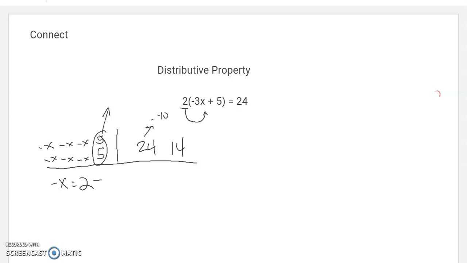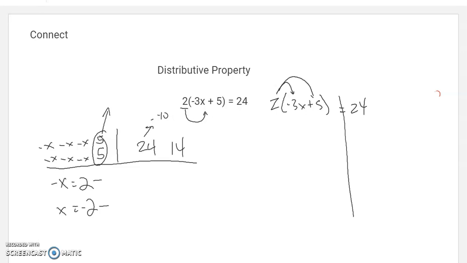And I could do it with a calculator too. I'm just not going to bother because I'm not reviewing that, which means x would be 2 in whatever fraction that was. I'm sorry, negative 2 in whatever fraction that was. Inverse operation strategy. I don't need a t-table. I need 2 times negative 3x plus 5 is equal to 24. So distribute the 2.